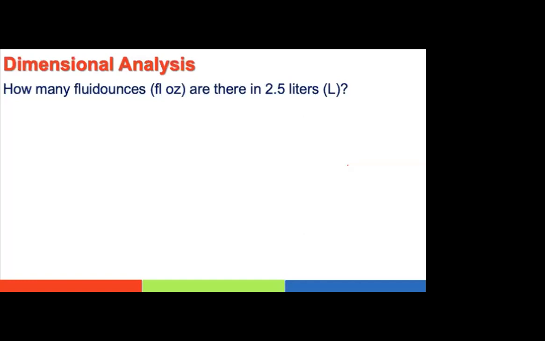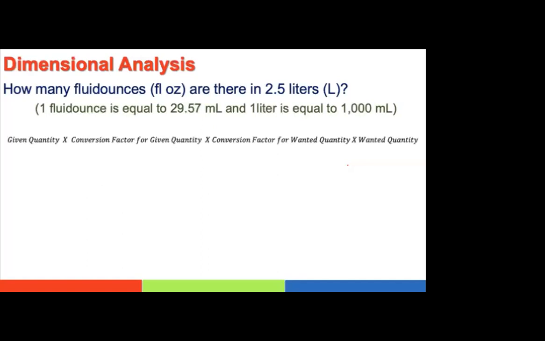Yan. So, convert natin fluid ounce to 2.5 liter. In dimensional analysis, you always start from the given quantity. Okay? And then you use conversion factors to cancel out the not so desired unit until matira mo na yung desired unit. Okay? Or desired quantity.